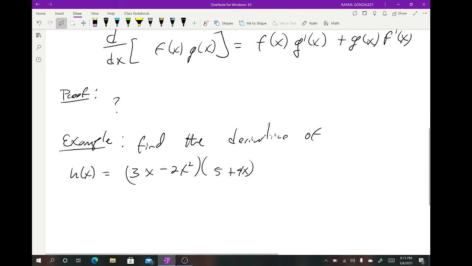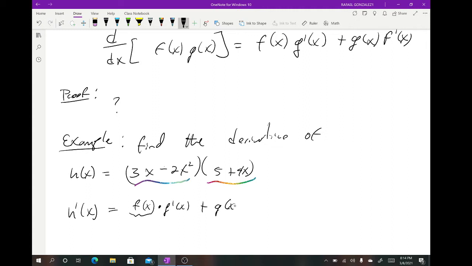First of all, notice here that I have two completely different functions being multiplied together. So if I wanted to find h prime of x, I have to do the first times the derivative of the second plus the second times the derivative of the first.